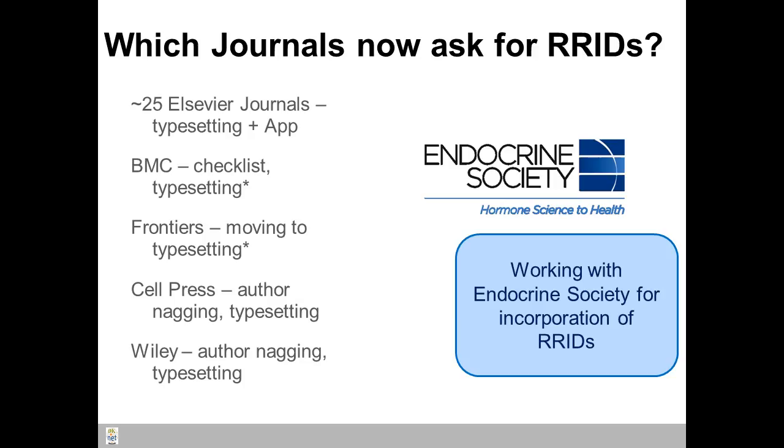And the latest: the Endocrine Society has recently adopted RRIDs, and Cell Press has also now made this required as part of their new reporting guidelines.